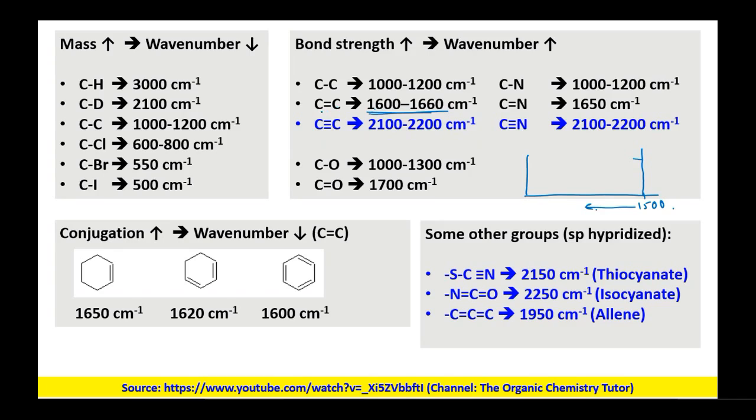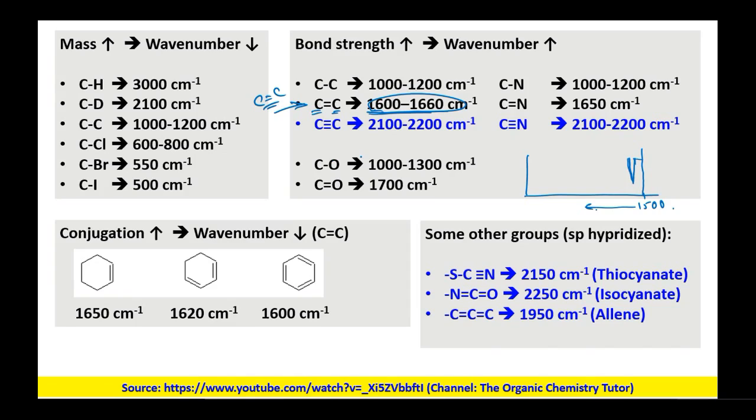Now this CC bond, we have seen that they are apolar bonds, so we will be having a sharp peak over here. So just as you start from 1500 and within the region of 1600 to 1660, if you get a sharp peak, by closing your eyes, you can say there is a C double bond C bond over there.